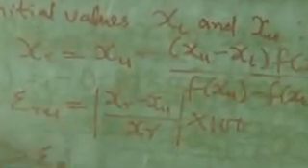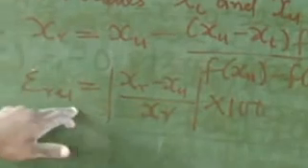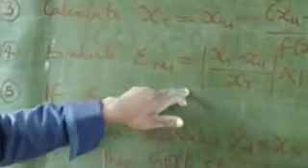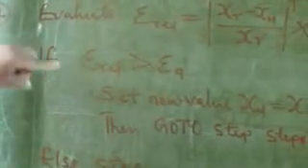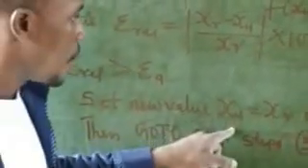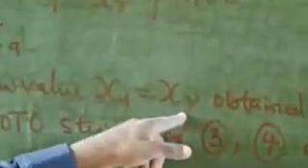This condition is also called the stop criterion. If the relative tolerance is greater than the acceptable tolerance, you set xu to be equal to xr, which we obtained from step 3. Then you go to step 3 and start all over.